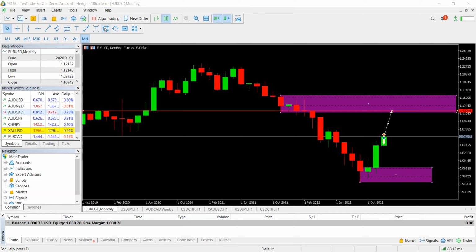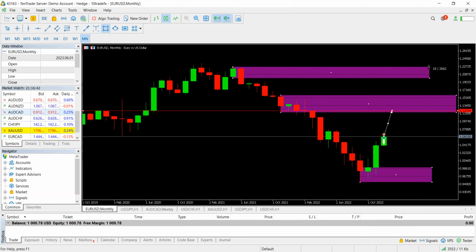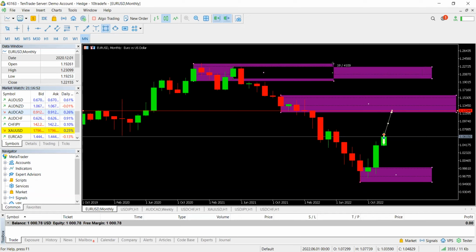In this case, you can use this place from beginning bottom to up, or if you want to use this one here, this one to top. You map out everything with the wick as well. So that's how you draw zones.